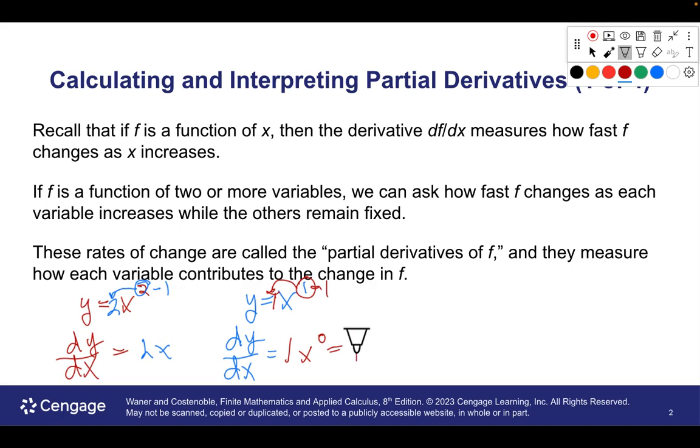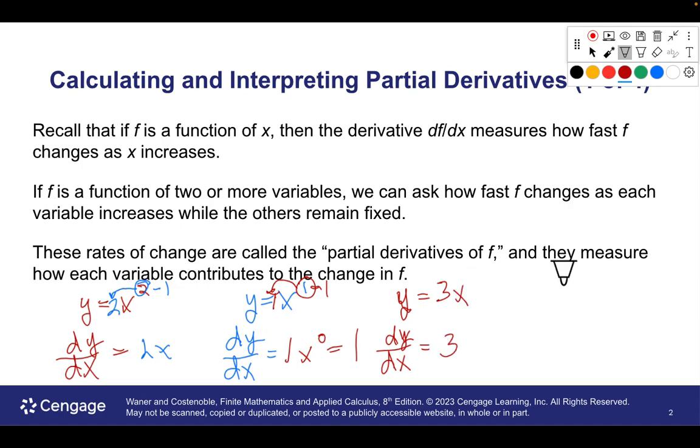When we see just x to the first power, the x basically goes away. If you think that way, you wonder what happened to it. It became x to the 0, so it's 1. So it's just going to be the coefficient in front. Let's do one more. What if I had y equals 3x? Then its derivative is going to be 3. Again, the derivative of x becomes 1, so this is just 3.